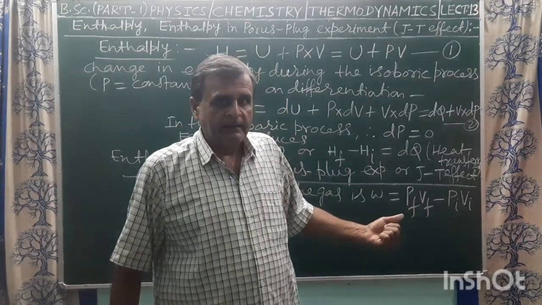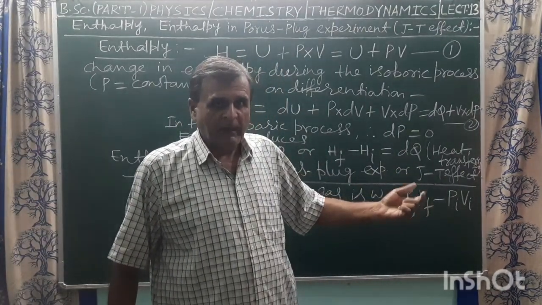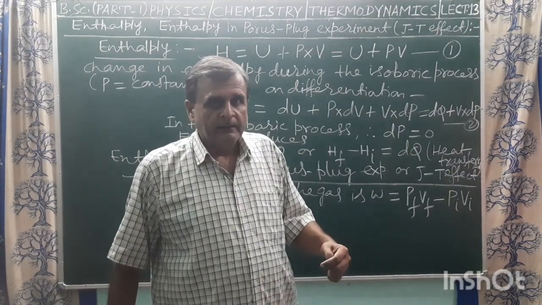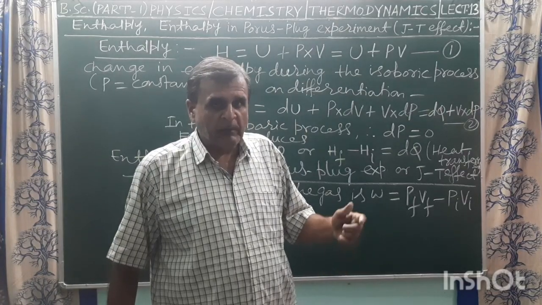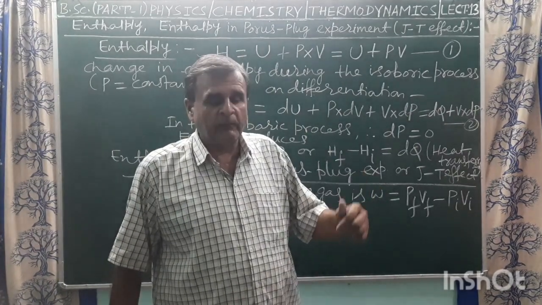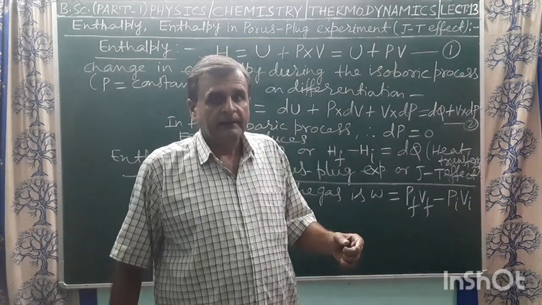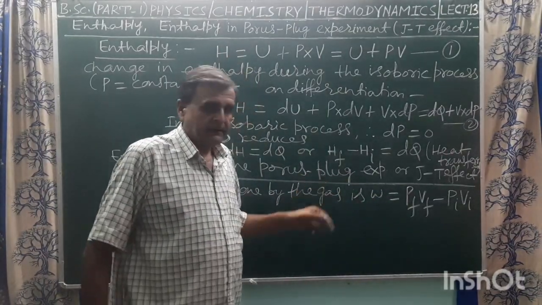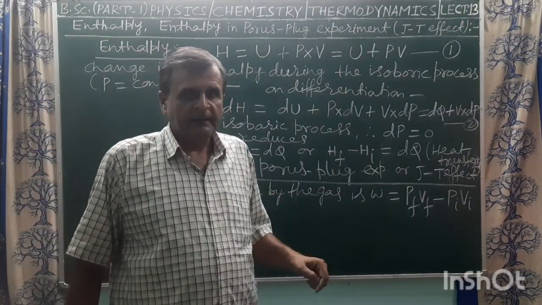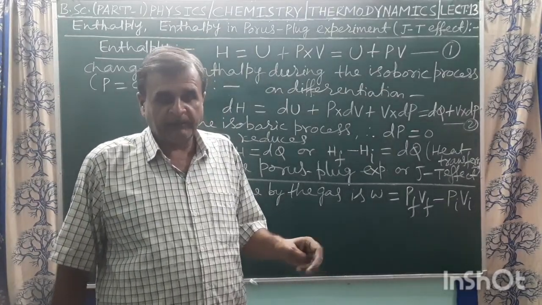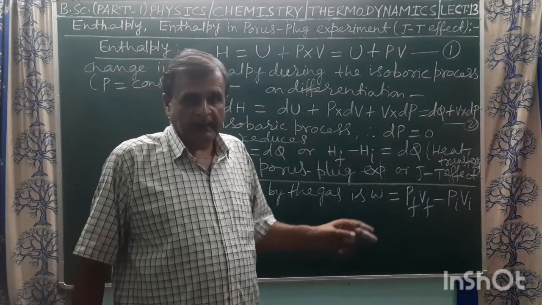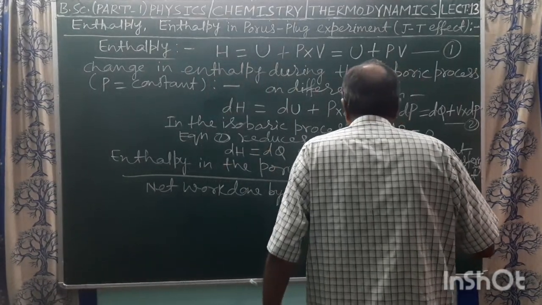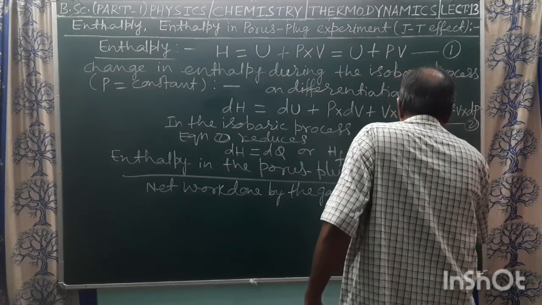We can also write it as W equals P2 V2 minus P1 V1 when initial pressure and final pressure are taken as P1 and P2 respectively, while initial volume and final volume of the gas are taken as V1 and V2 respectively. Then net work done by the gas in the Joule-Thomson effect or in the porous plug experiment is W equals P2 V2 minus P1 V1. Suppose this is equation number 1 of this topic.